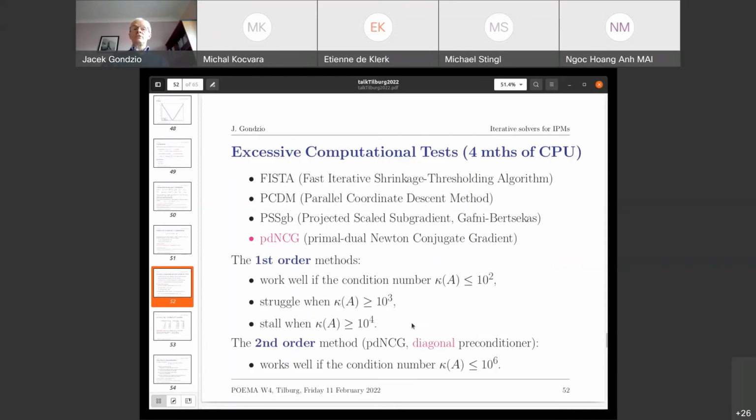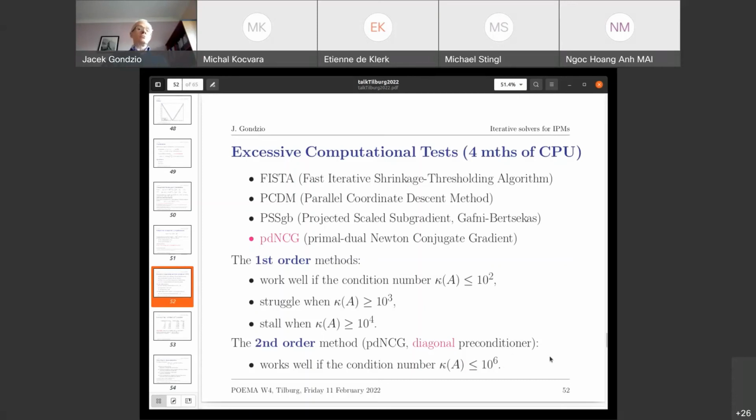It's not a surprise that the second order method, the method which uses a little bit of Hessian information, even with a simple diagonal preconditioner, can push the class of solvable problems further and can deliver solutions for problems with condition number going up to 10 power 6.